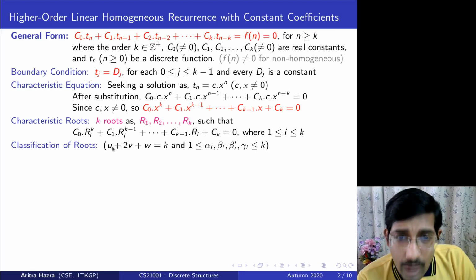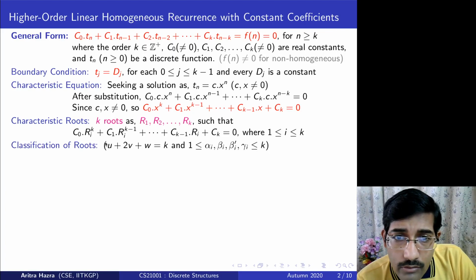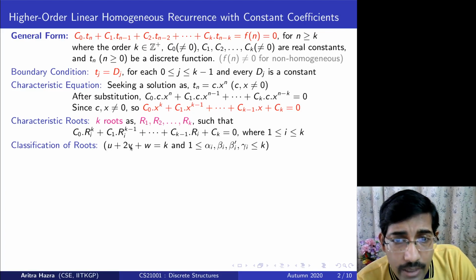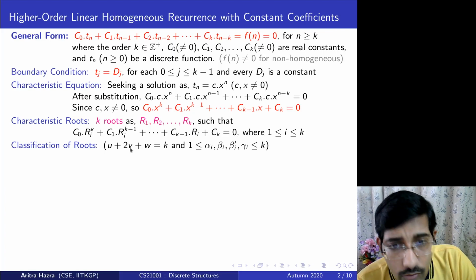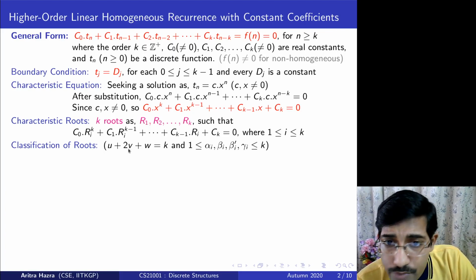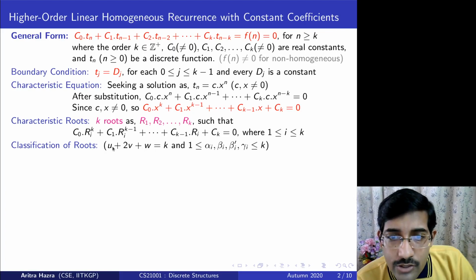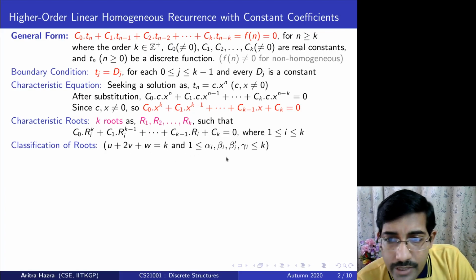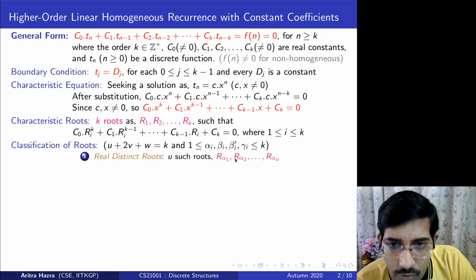Let us see how. First, we know that we have u number of real distinct roots among these k. We have v number of complex conjugate pairs of roots, so a total of 2v such roots including the pairs, and w number of roots which are identical. The total roots will sum up with all this, and we need certain constants to express the following.